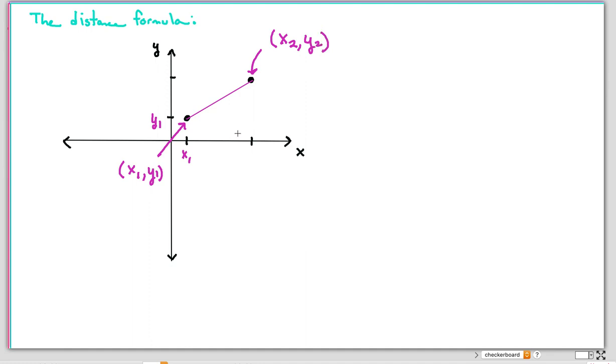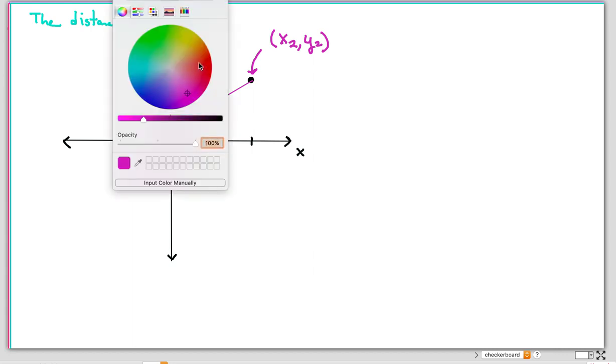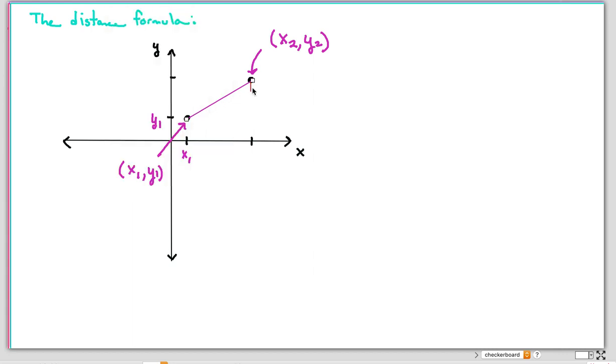And now basically what I'm going to do is compute the length of this line right here. And the length of that line is going to be the distance between any two points, x1, y1 and x2, y2. And the way that I do that is that I look at this figure, and I can always draw this resulting triangle like this.